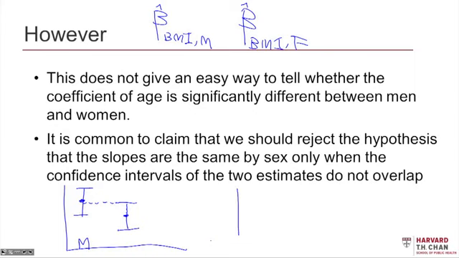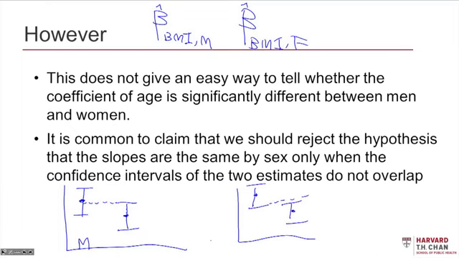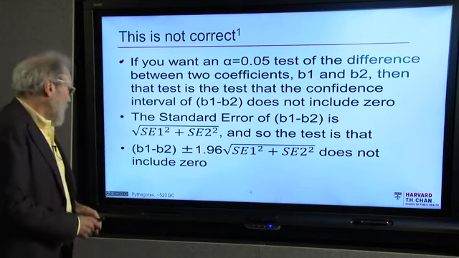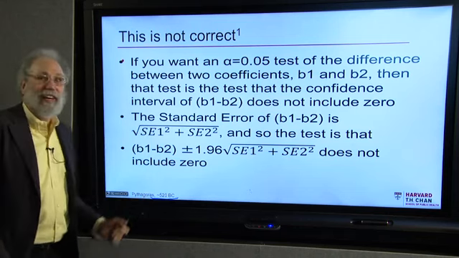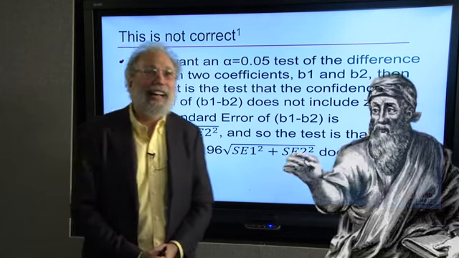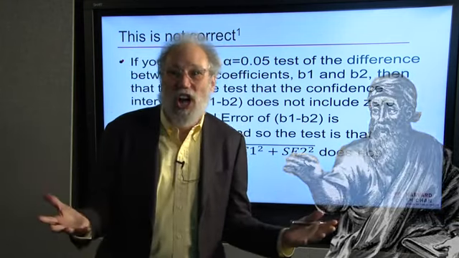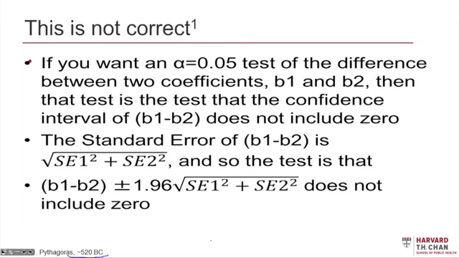What I really want to see to conclude that there's a difference is something like this, where the confidence intervals don't overlap. You see that all the time. The problem with that argument is there was an interesting paper published in 520 BC by Pythagoras that shows that it's wrong. So we've known that that's wrong for 2,500 years.